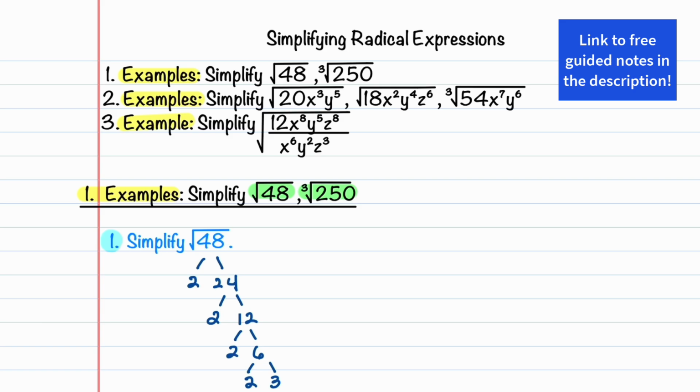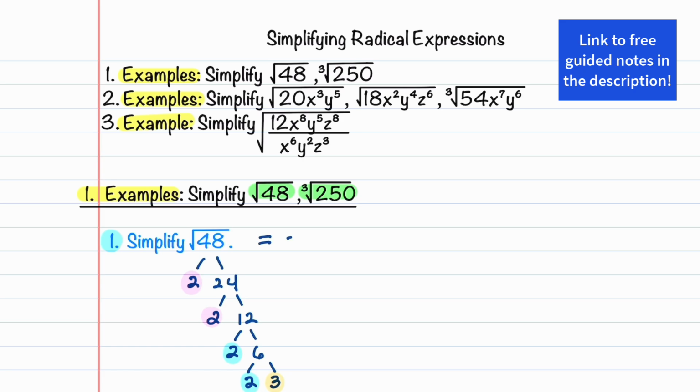When we take the square root of a number, we're looking for perfect squares, so we want to isolate factors that are in groups of 2. We have one group here, and then we have another group here. And then we have a 3 that's left over. When we take the square root of all of these factors, we're going to pull out one factor from each group.